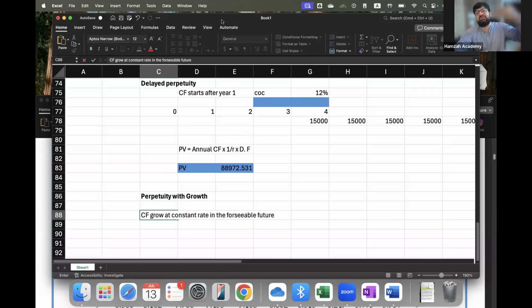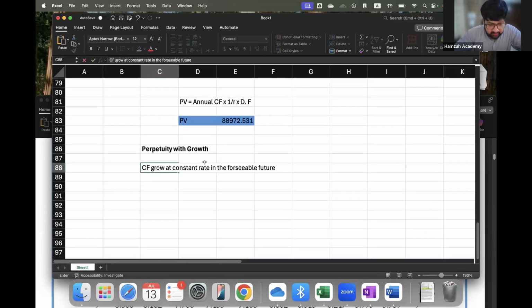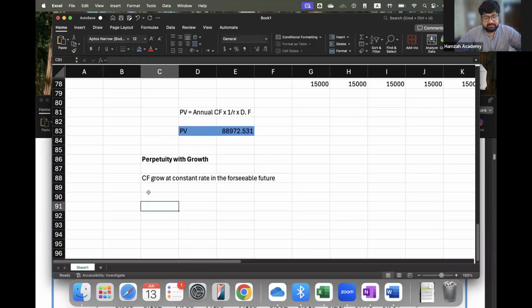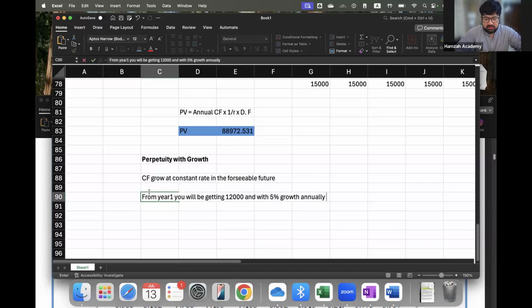They grow at constant rate every year. For example, they say that from year 1, you will be getting 12,000, and with 5% growth annually for foreseeable future, getting dividend.